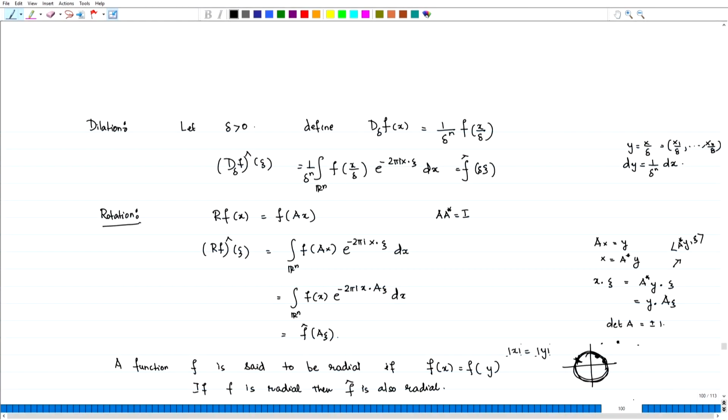So, that is one very important property which we would like to exploit in our journey into the higher dimensional Fourier transform. Okay.